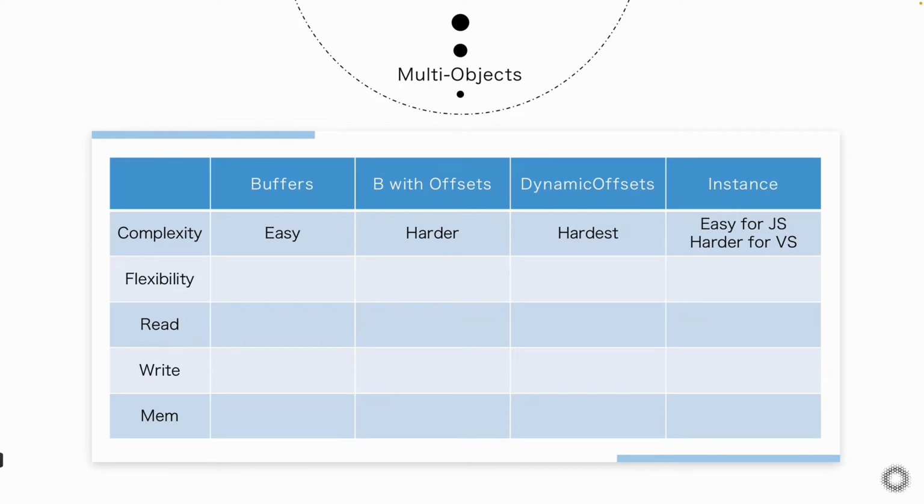It might be hard for some JavaScript developers because of the need to consider the offsets, so both read and write operations are difficult. As for the third method, it is the most difficult. We need to create custom layouts, and we also made changes to the same BindGroup API.